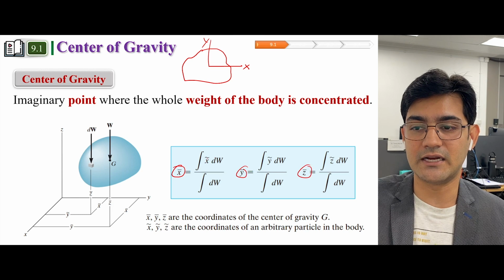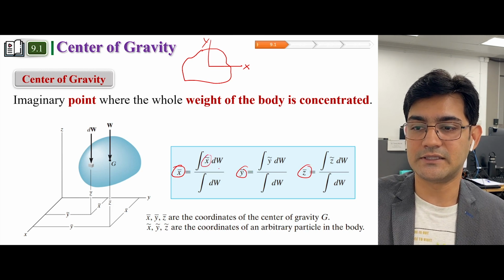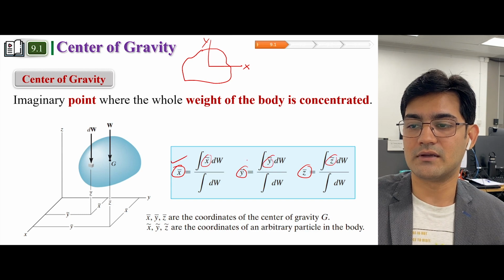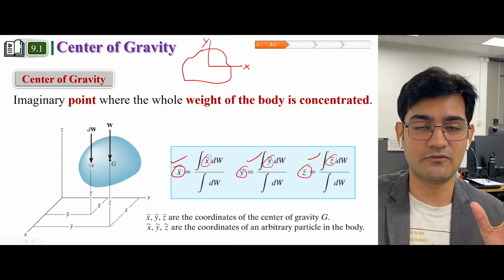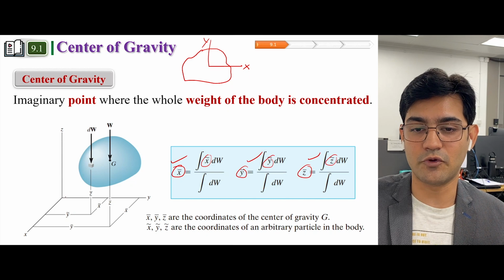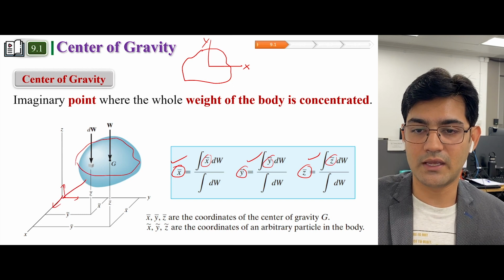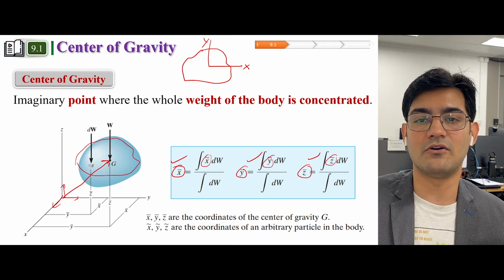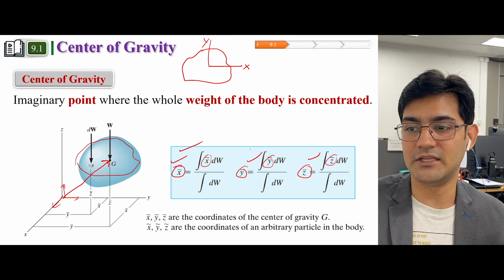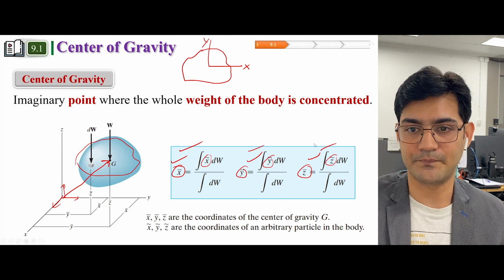All we have done is replace this with x, y and z, and we can calculate this center of gravity from any reference point. So if we have a 3-dimensional space and we know the rigid body, we can calculate the center of gravity by using these 3 equations.